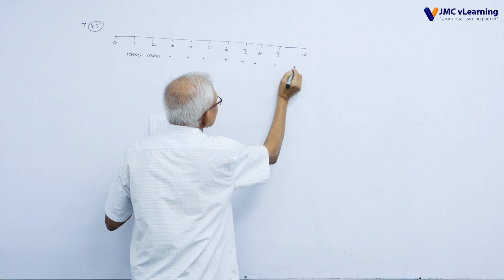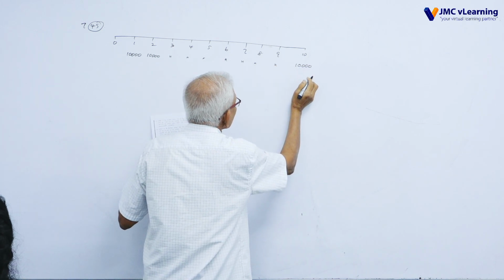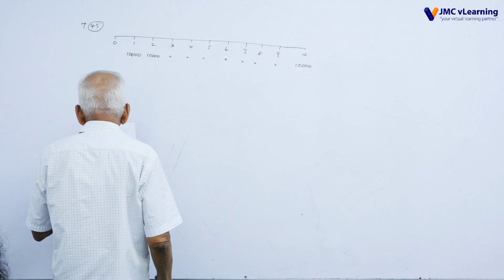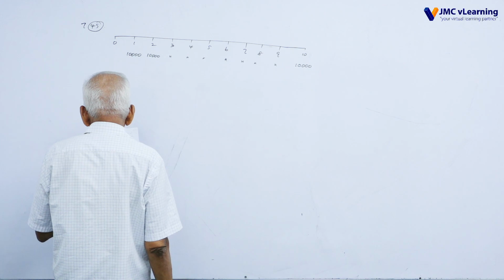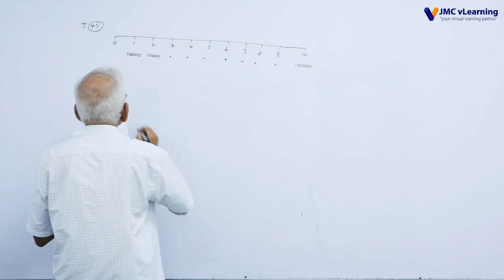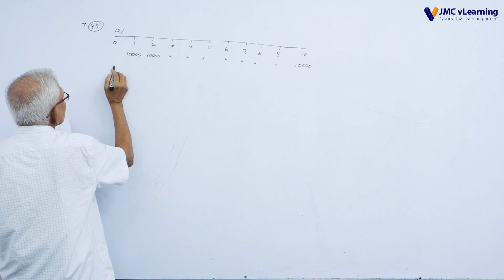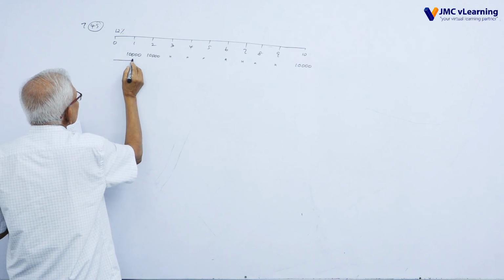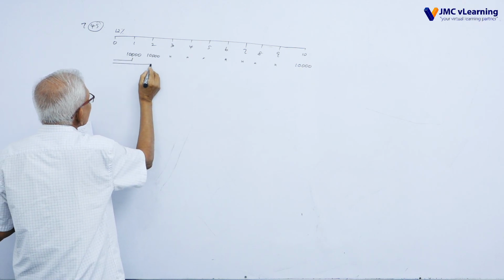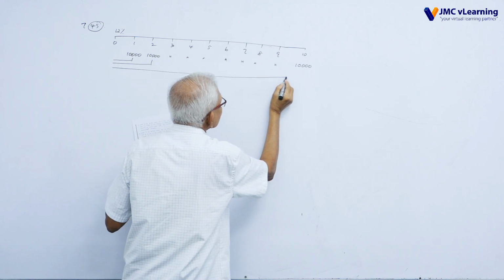Somebody is getting 10,000 at the end of every year like this, and he asks for all the money today. The discount rate is 12%, put 12% somewhere here. So we have to bring the first one back by 1 year, this one by 2 years, like that, the last one by 10 years.